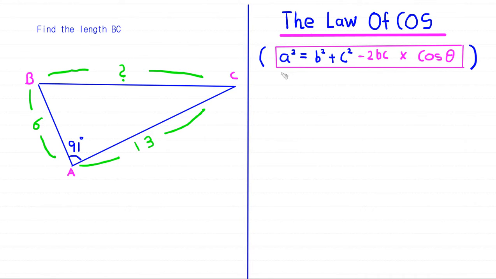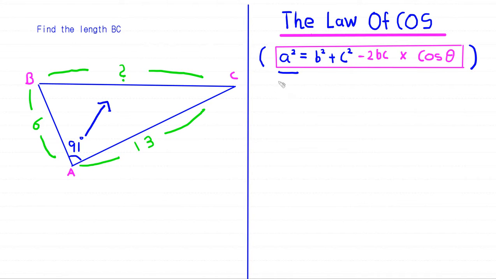A squared right over here should always be the missing side or missing angle. But if A is a side, it should always be the side opposite the given angle, which is in this case BC. So if you apply this law of cosines formula to this triangle, we can solve for the length of BC.